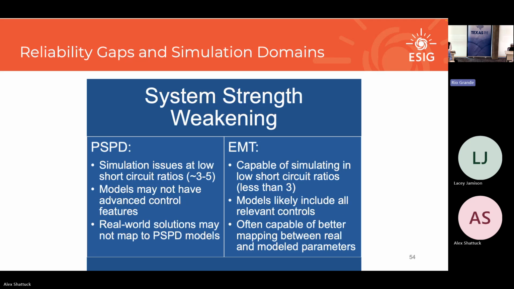So another big reliability gap that we're trying to fill here is that system strength is weakening. I said about 3 to 5 for PSPD is where we start seeing big problems or weird problems or just frankly wrong results. And again, the scary thing about wrong results is wrong results could look really great. They're still wrong, right? I've seen a lot of models sent back to me at 3 in the morning because someone's mad at me.